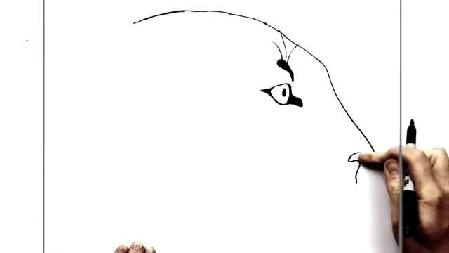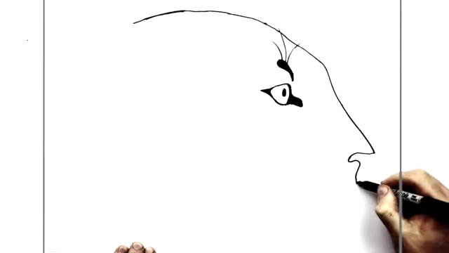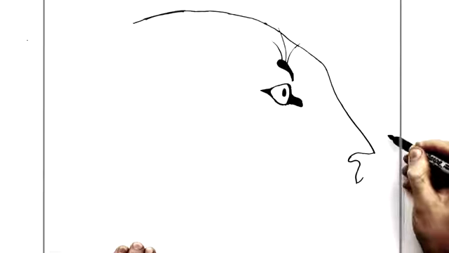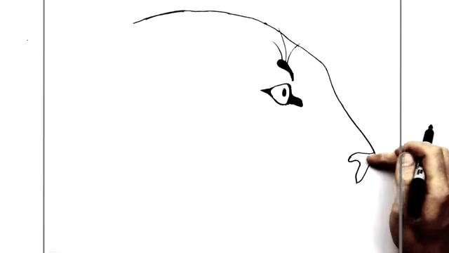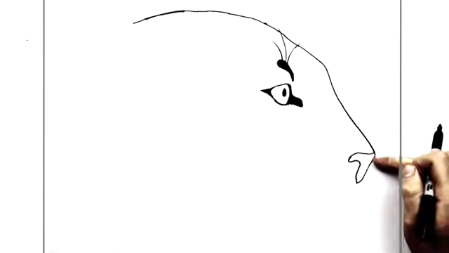So it looks like a capital T. And this comes back up around to the other side of the nose, just here. That's the kind of shape we're going for. It looks like maybe half a letter T or a bubble letter R turned this way.